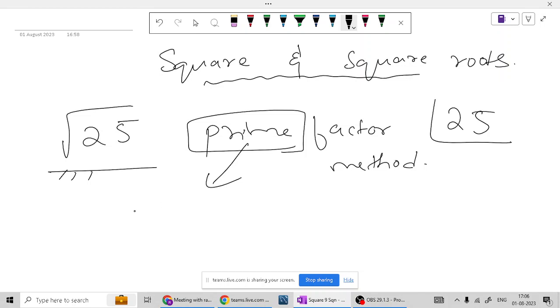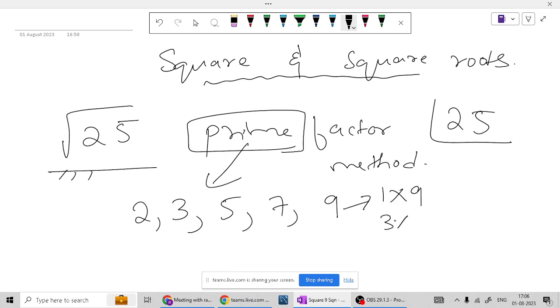Can you give me examples? We'll start with 2, 3, 5, 7. What about 9? No, 9 is not a prime number. It is composite, because it has three factors: 1 into 9, 3 into 3, and 9 into 1.